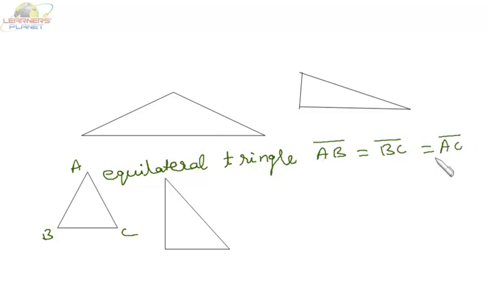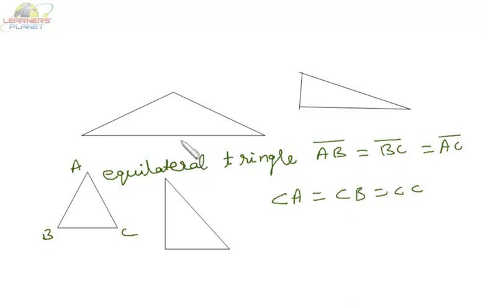So measure of all the three sides is same and we call it an equilateral triangle. If measure of the three sides is same, then definitely their angle measure will also be same. So measure angle A is equal to measure angle B is equal to measure angle C. So in an equilateral triangle, all the three sides as well as all the three angles are same.